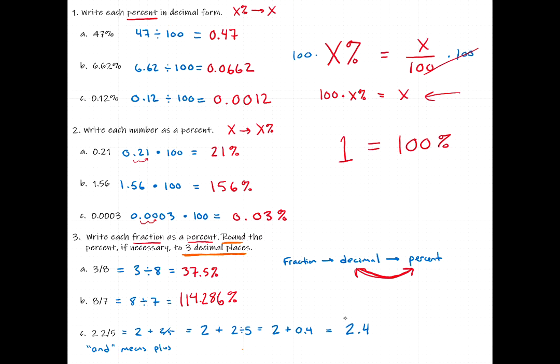Okay. So now we want to convert that decimal to a percentage. So again, we times by 100, or move the decimal point 2 places, and we end up with 240%.